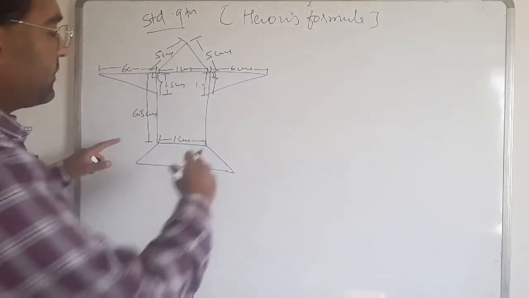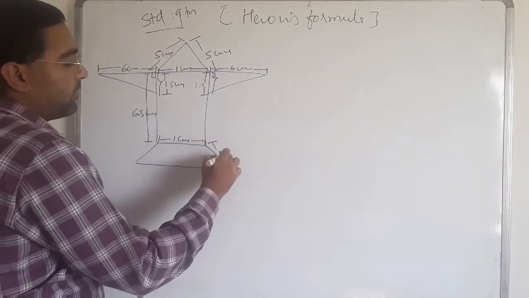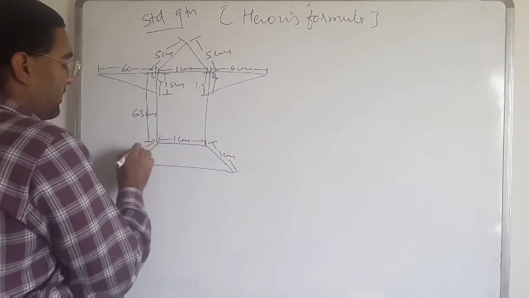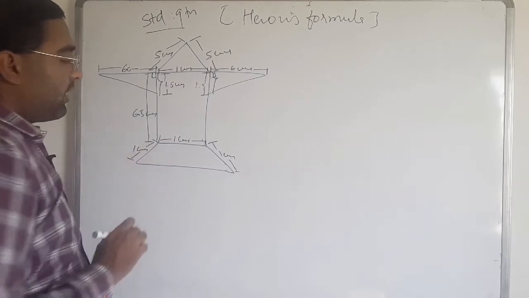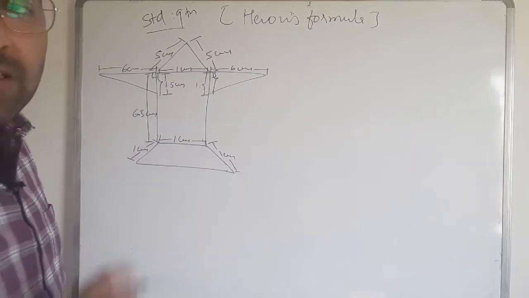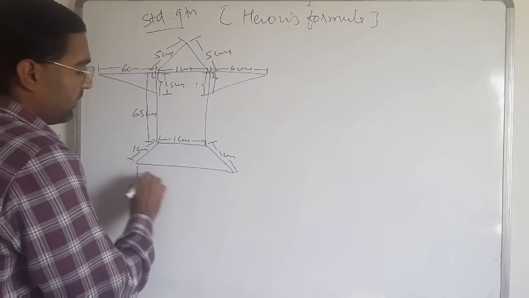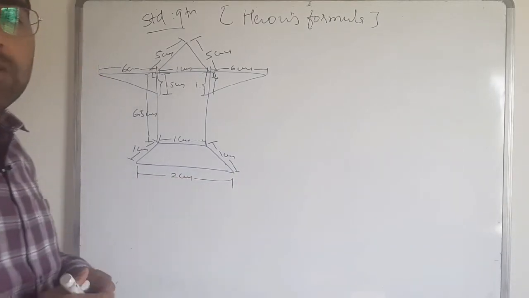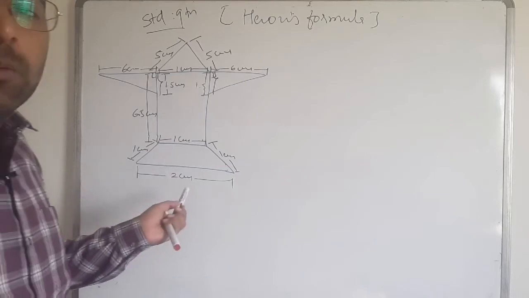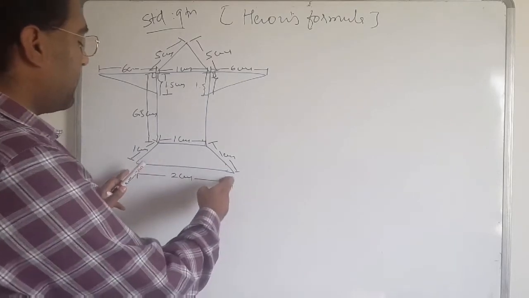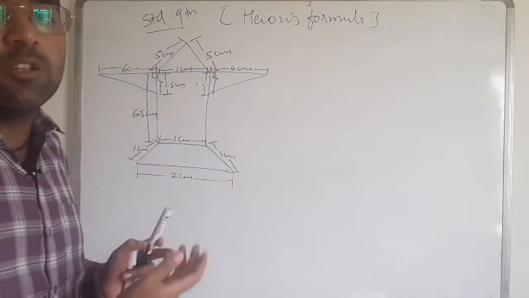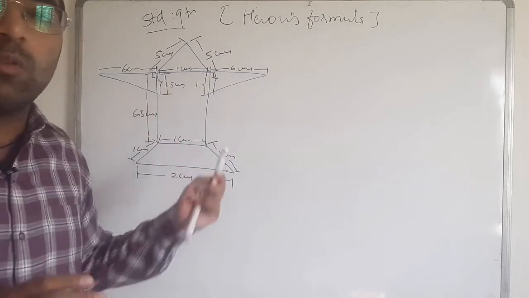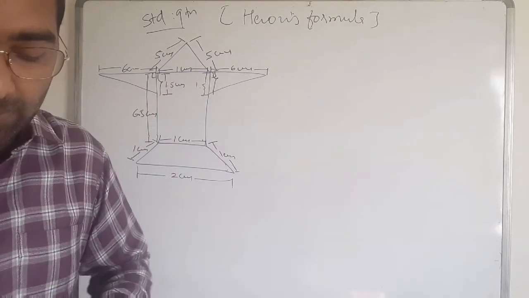And these two sides are also 1 centimeter each. And in the base of the trapezium, this part is given as 2 centimeter. In the actual measurement this part is not actually 2 centimeter, but we are assuming the figure is like this and it is given as a measurement, so we write it as 2 centimeter.